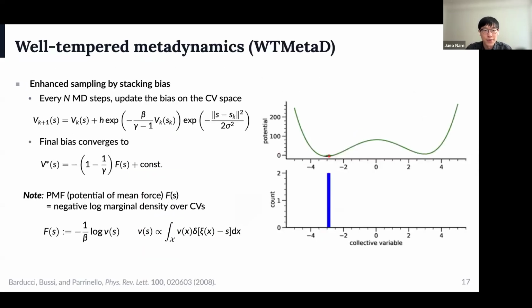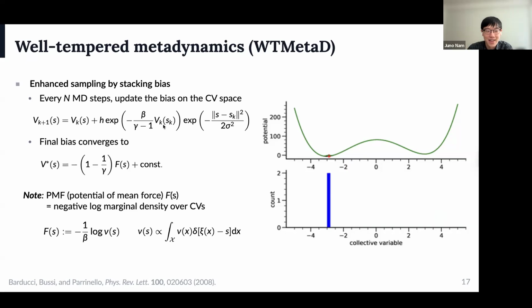In this work, we'll start from the variant of metadynamics called well-tempered metadynamics that is known to have good convergence behavior. Essentially, we run a molecular dynamics simulation, and every couple of MD steps, usually around 500 MD steps, we update a bias on the collective variable space.